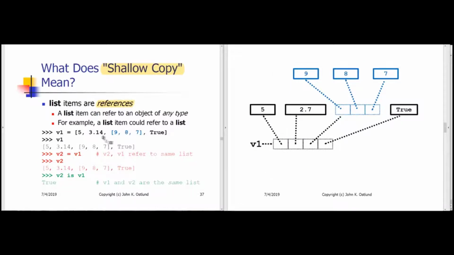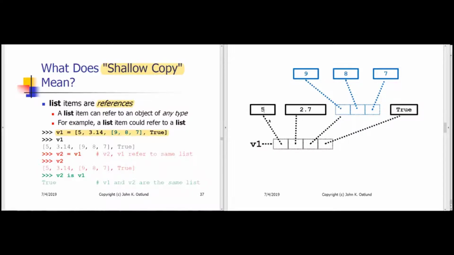Okay, so what's going on in memory is I created a list and I set up V1 as the reference to that list. So V1 is a reference to a list of 4 items, but what that list actually contains is references to those 4 items.